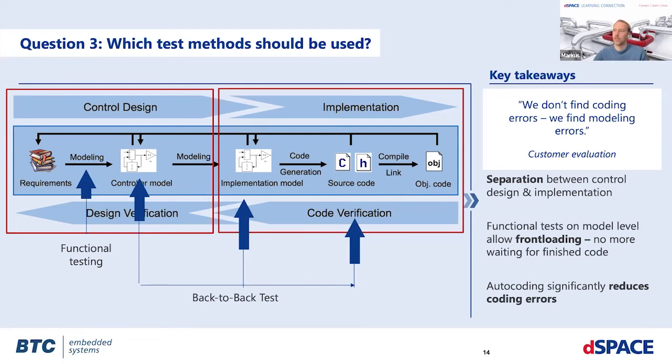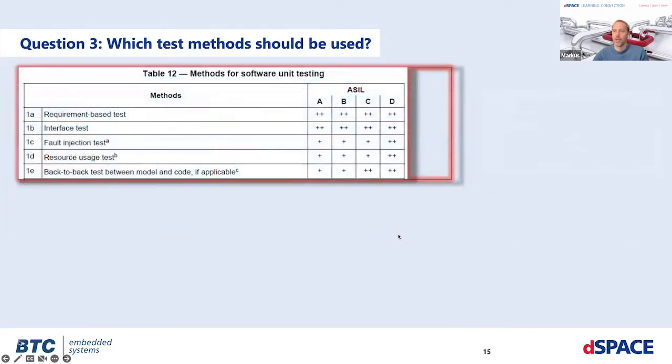Yeah, absolutely. And this is also pretty much directly mappable to the ISO 26262 standard, which recommends different methods for the unit testing, like requirements-based testing, interface tests, back-to-back test. And the ISO explicitly tells us that we can do the testing on the model level, followed by a back-to-back test between model and code.